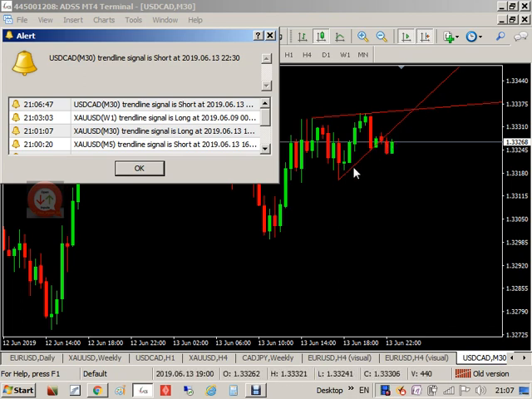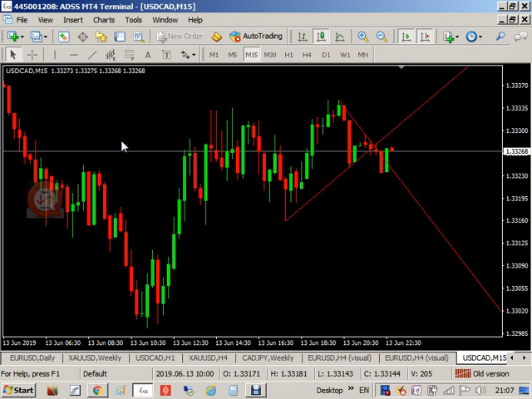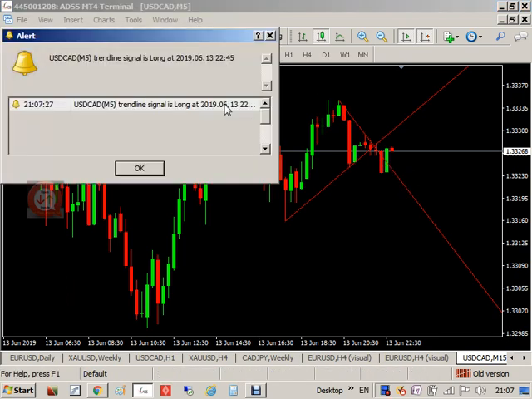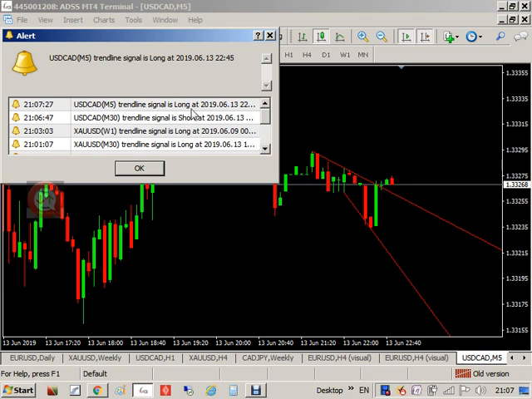This line has become like a support. It was support, became resistance. It gives you one candle down, then the second candle confirmation. You can sell from here, and it's going down. We go 15. There's no signal yet. 5 minutes. It says long.